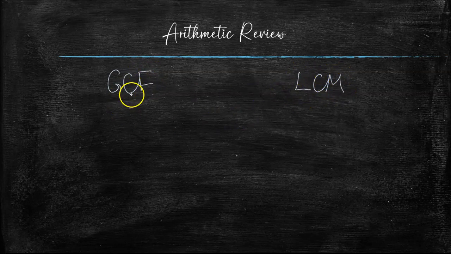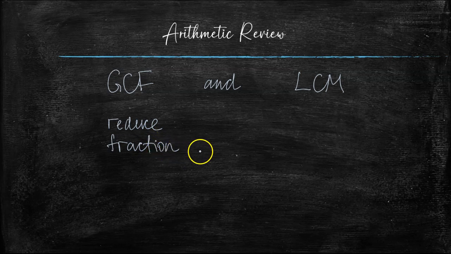GCF stands for the greatest common factor, LCM stands for the lowest common multiple. You may wonder, why do I need to know this? Well, knowing GCF helps you to reduce a fraction. Knowing LCM helps you when it comes to adding and subtracting fractions.